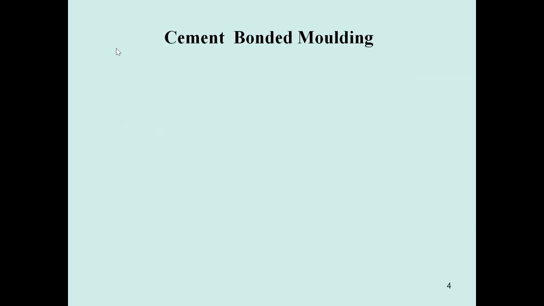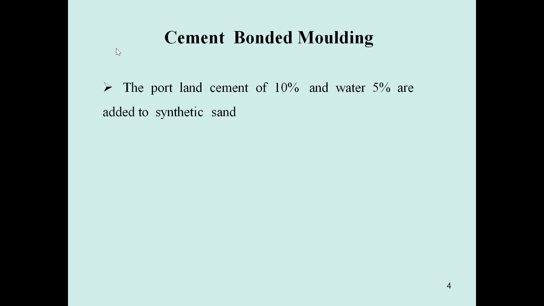Now we are going to discuss cement bonded molding. This is one of the types of molding process. In this, Portland cement of 10% and water of 5% are added to synthetic sand.